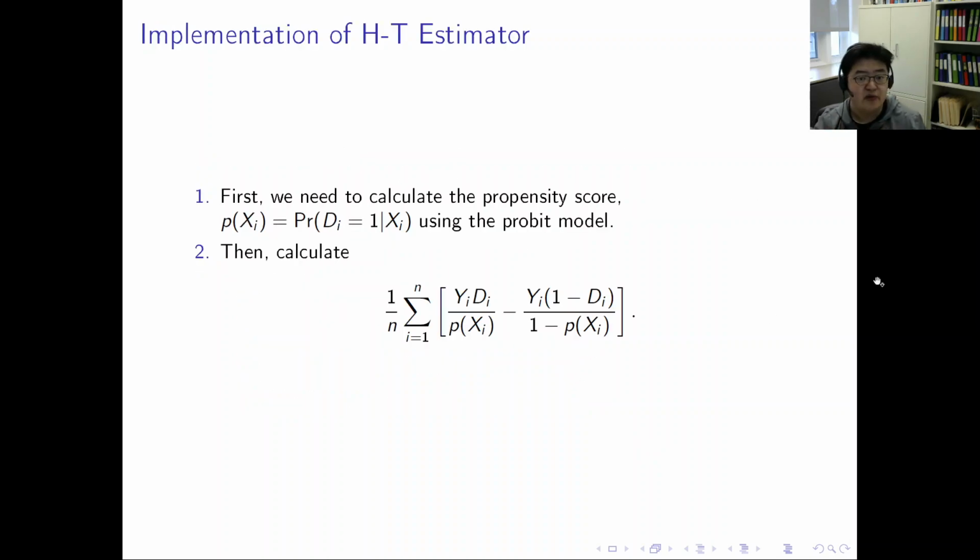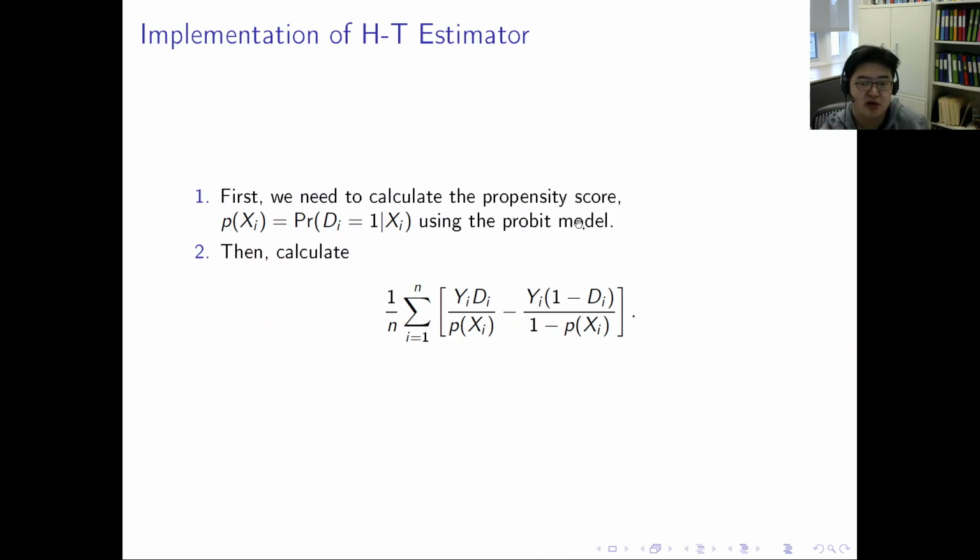So then let me review what we need to do to implement the Horvitz and Thompson estimator. It's a simple two-step. First, we need the propensity score. How can we estimate that? We are going to use the Probit model. So we learned what a Probit model is.